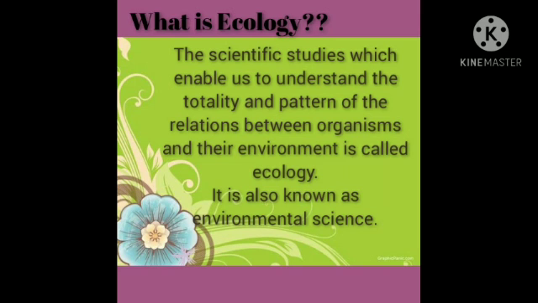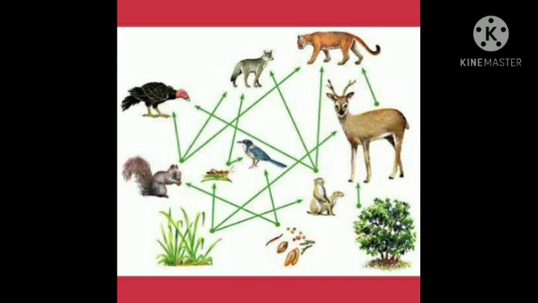What is ecology? The scientific study which enables us to understand the totality and pattern of the relations between organisms and their environment is called ecology. It is also known as environmental science. This is the interaction among living organisms.